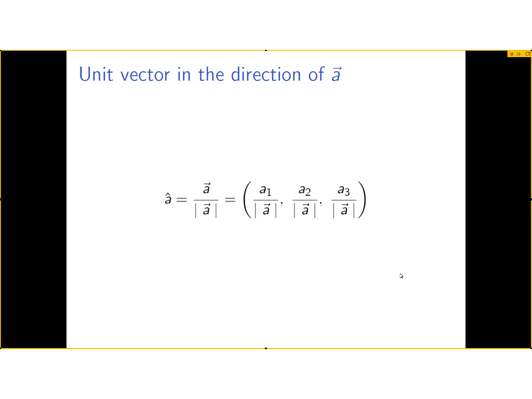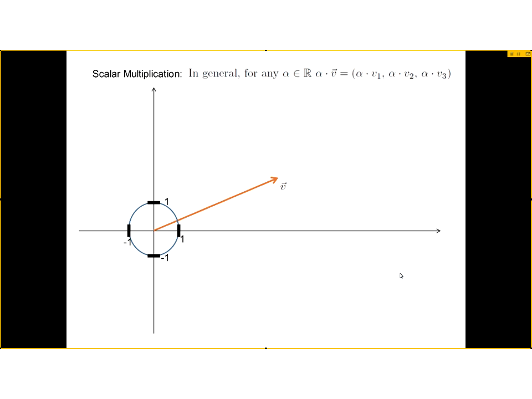So I can split this vector into i, j, k elements. So this is a unit vector. To find the unit vector, we use scalar multiplication.